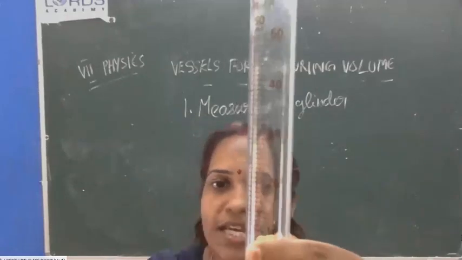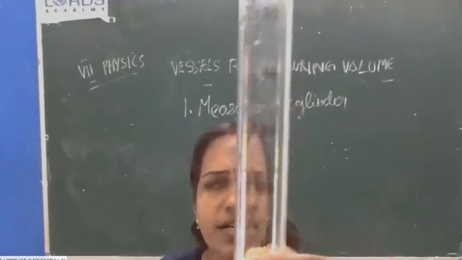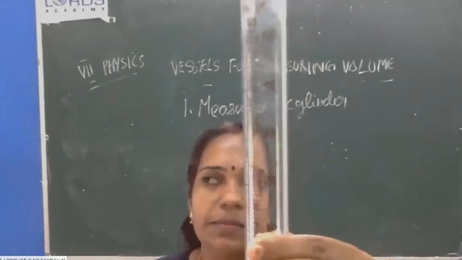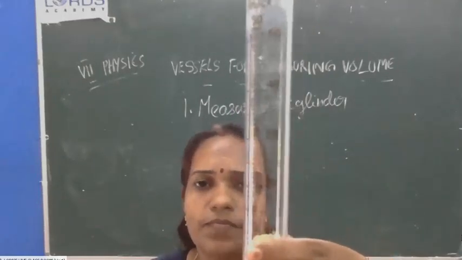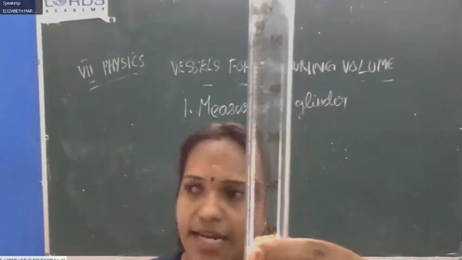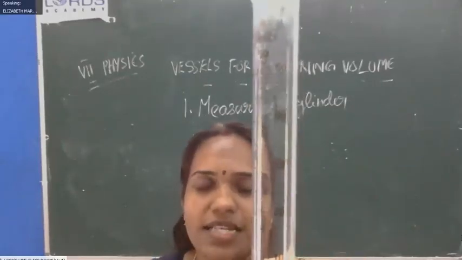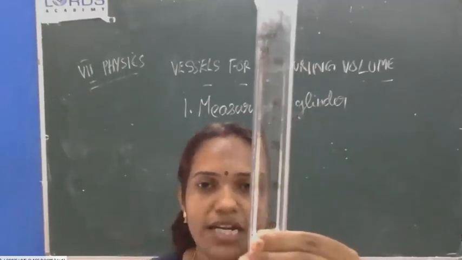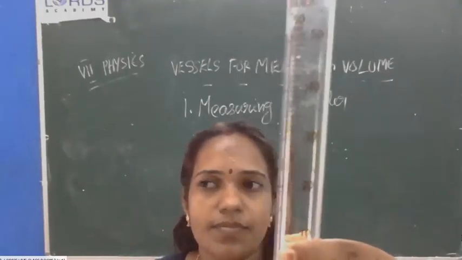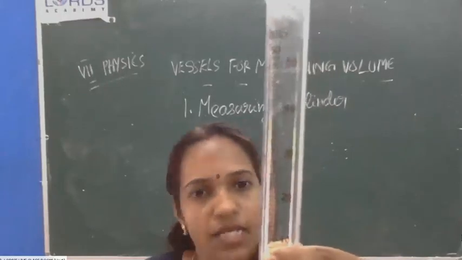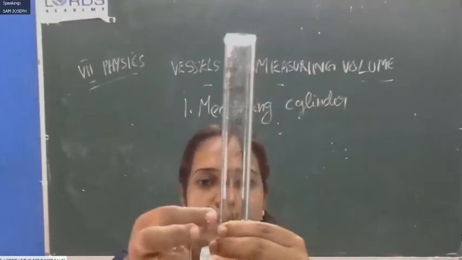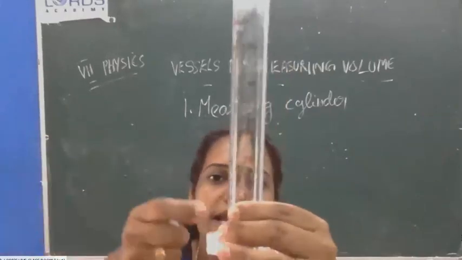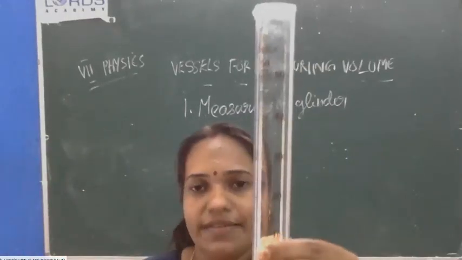In between 10 and 20, how many lines are there? 10 lines. That means each line means how much volume, how many milliliters? 1 ml. 11, 12, 13, 14, then 15. You can see a long line, then again 16, 17, like that.